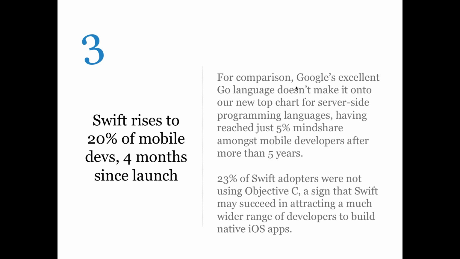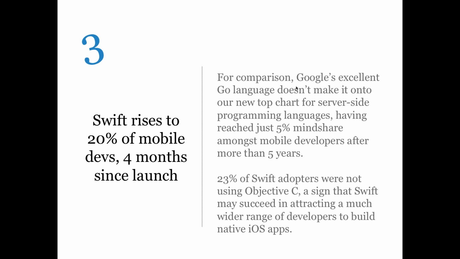Moving on to languages now, we've seen a near miraculous rise of Swift to 20% of mobile developers. That's from 0% of mobile developers, 4 months since launch. And being associated with Apple, you might be tempted to take that for granted, but actually, if you compare it with Google's Go and Facebook's Hack, both back-end languages, the growth and adoption is really phenomenal.